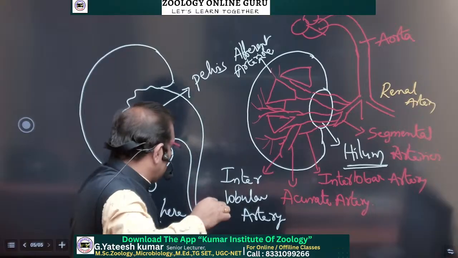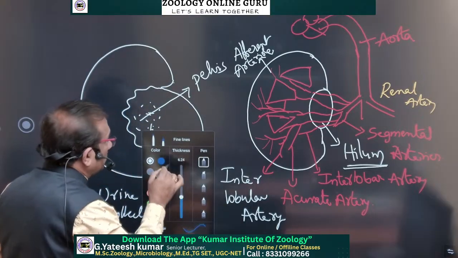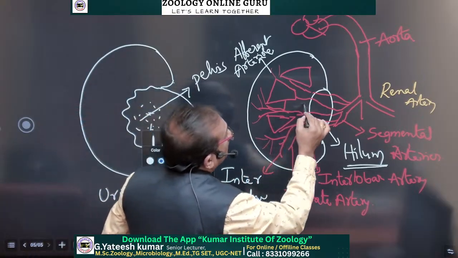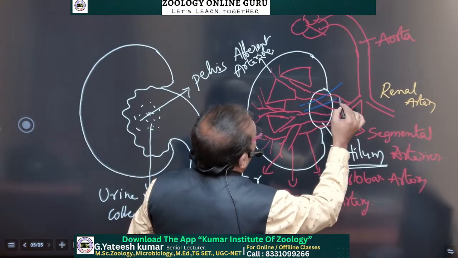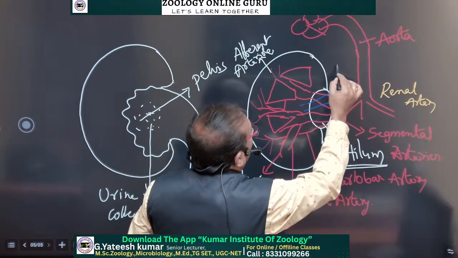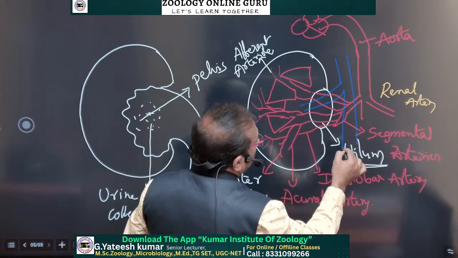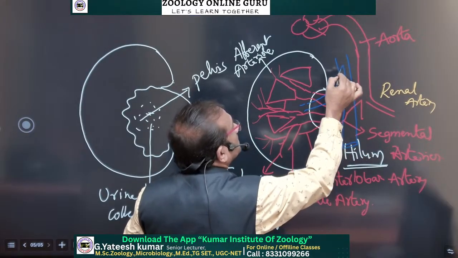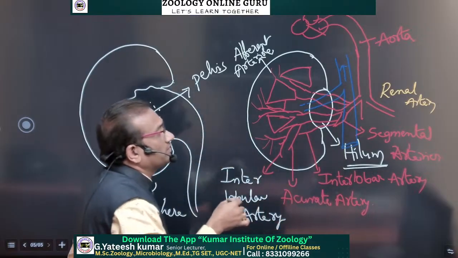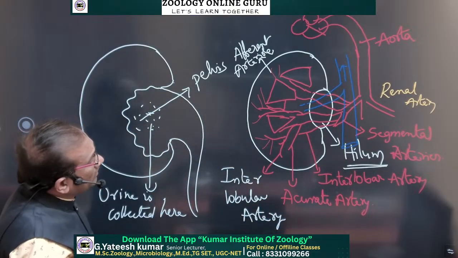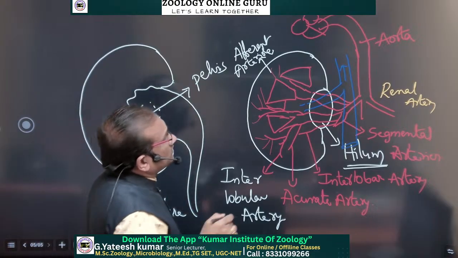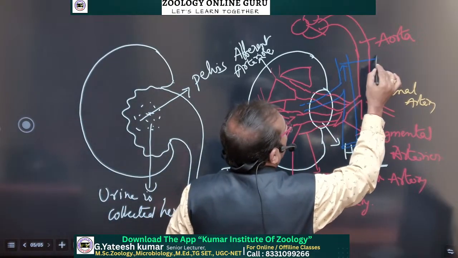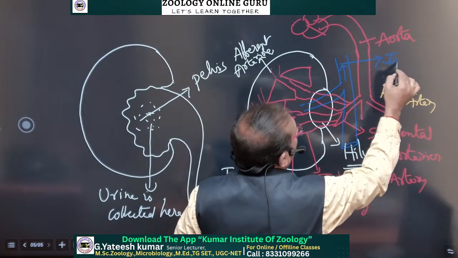And from the hilum, a vein also comes outside and attaches to the largest vein coming from down to up, called the inferior vena cava. So the renal vein enters the inferior vena cava, the largest vein coming up.